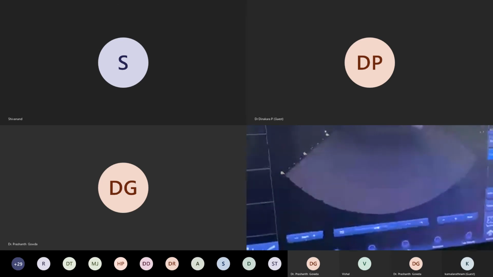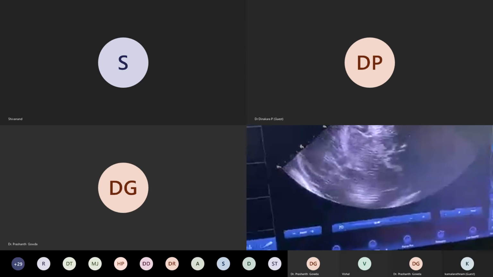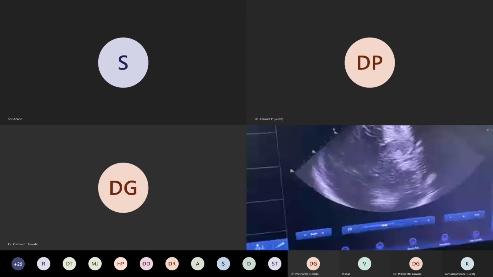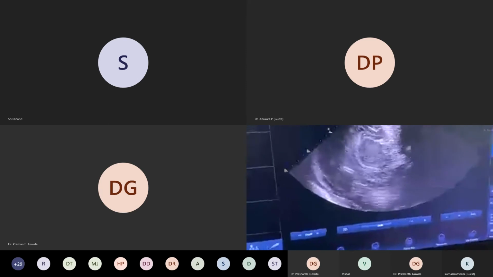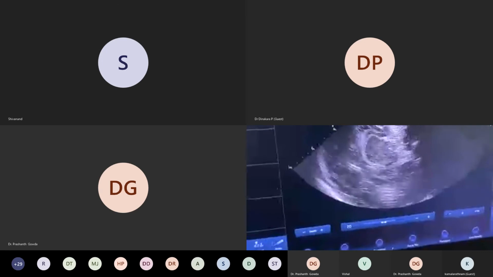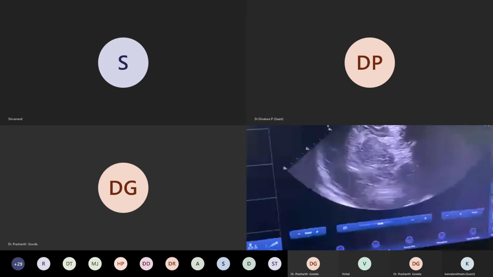The mastoid is right behind the ear. This is the mastoid coronal view which I'm trying to take. If the baby's neck is too short, it is a little difficult.